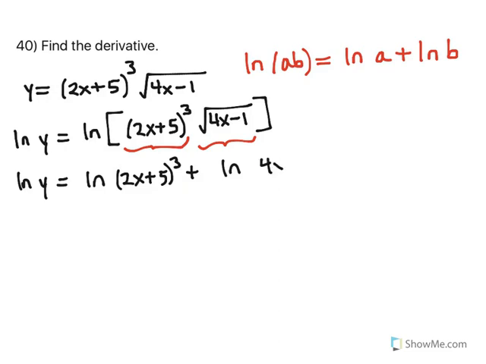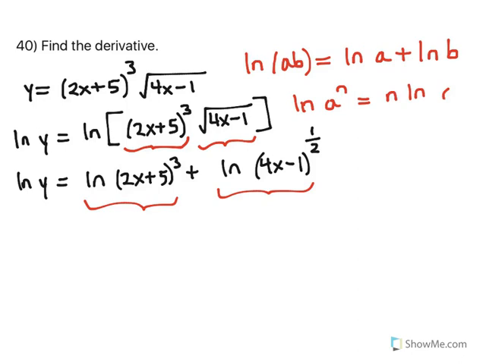Now, you can rewrite square root as raising to the 1/2 power. I'll do that, setting up for the next step, which is to further simplify each of these logarithmic expressions by using the power property of logarithms. If I have the natural log of a to the n, you can write that as n times the natural log of a.